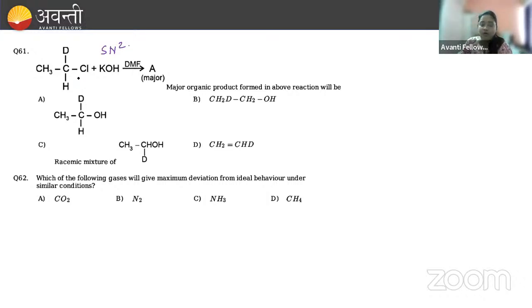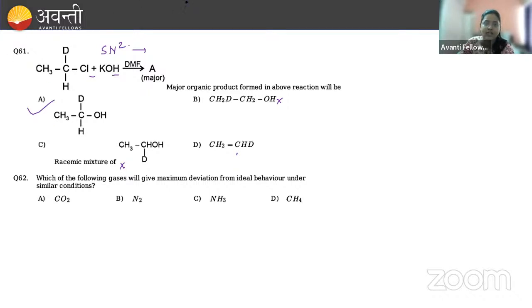In SN2, we get the inversion product, that is Walden inversion, and Cl will get substituted by OH. So the racemic mixture will not be our answer, and this other one is elimination, not substitution. So our answer will be option A. Any doubt?